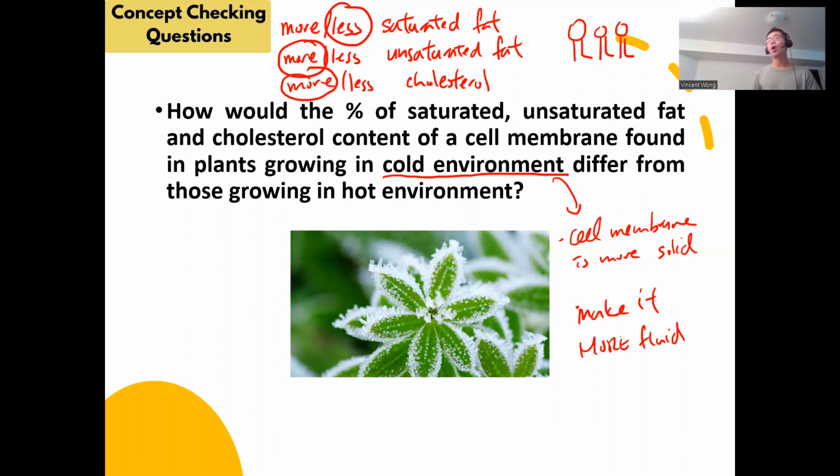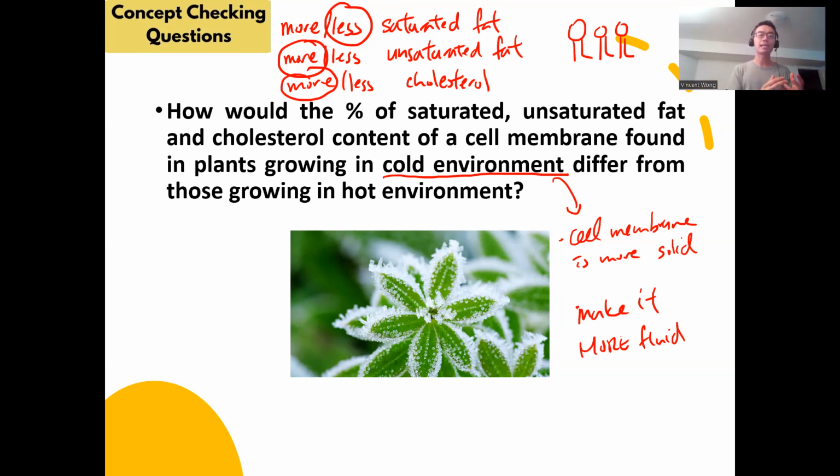Let me just go through the hot environment scenario with you. If it's really hot, think of a plant that's living in the desert or something. The high temperature will make the membrane very liquidy, very fluid. We don't want a membrane that's too fluid. Everything is just going to leak down. So the adaptation will need to make the membrane more solid.